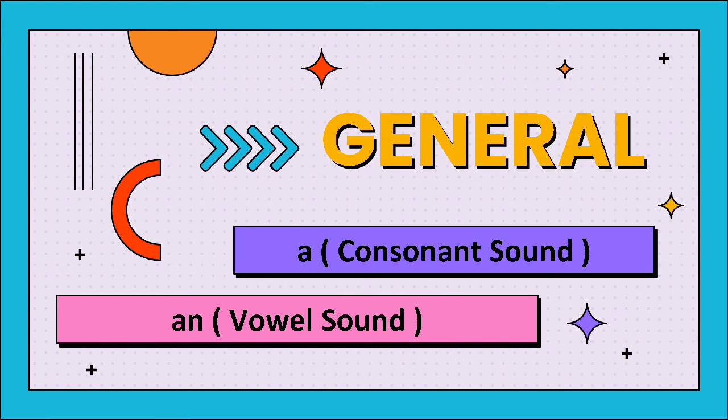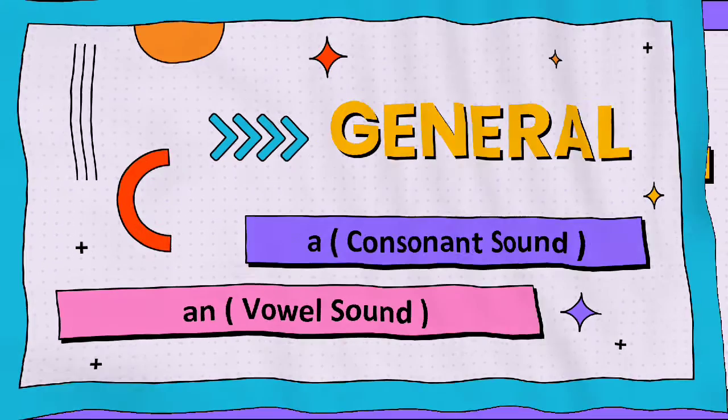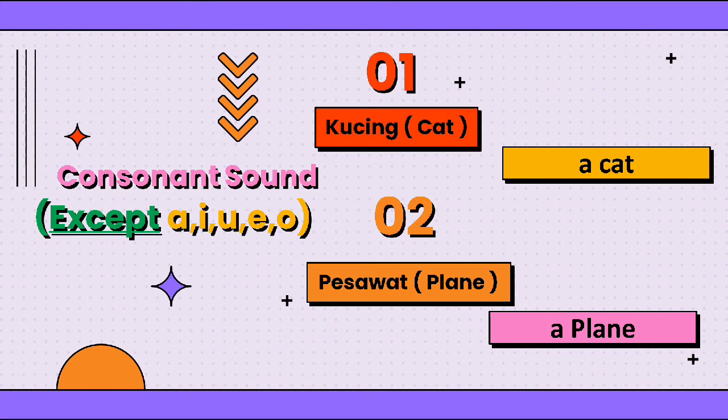Let's move to the examples. A consonant sound is a letter other than A, I, U, E, O. It means the consonant sounds start from B, C, D, F, G, H to Z.